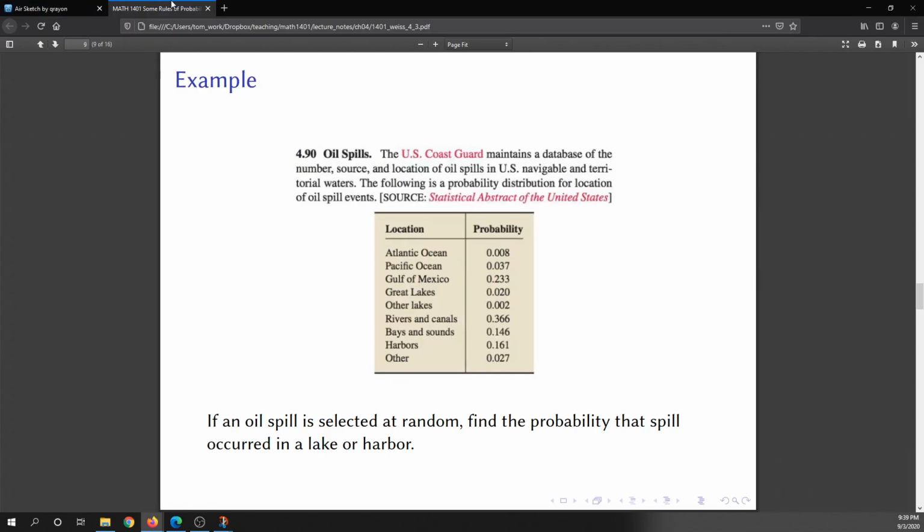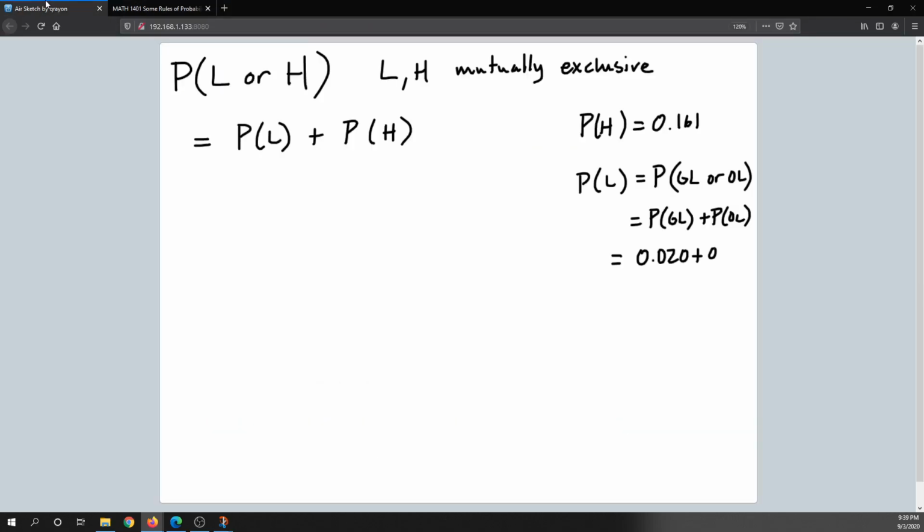And the probability that it occurs in some other lake is 0.002. And so when you do that, you get 0.022 on that one.